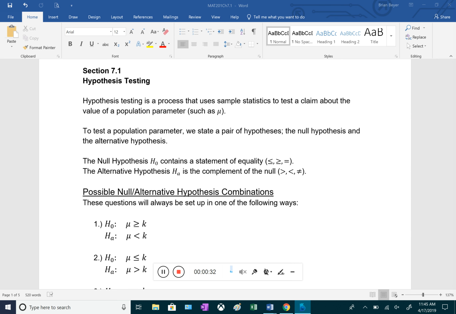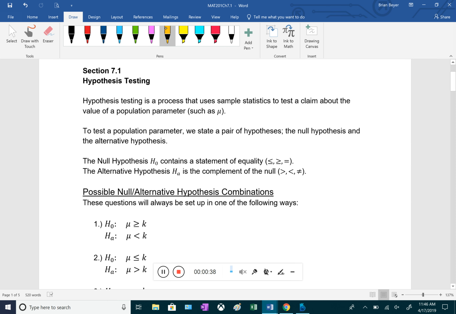To test the population parameter, in this case mu, we always need to start with the null hypothesis and the alternative hypothesis. The null hypothesis, which we can denote with an H sub 0, is going to contain a statement of equality. So it's going to be either less than or equal to, greater than or equal to, or equal to.